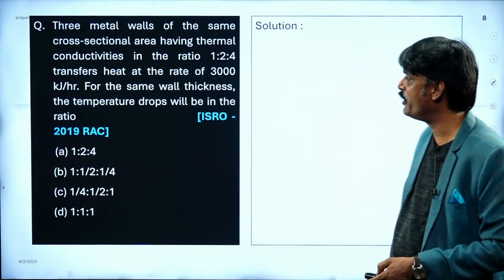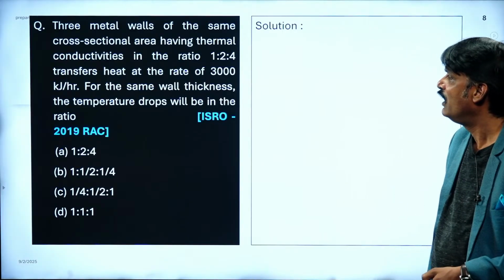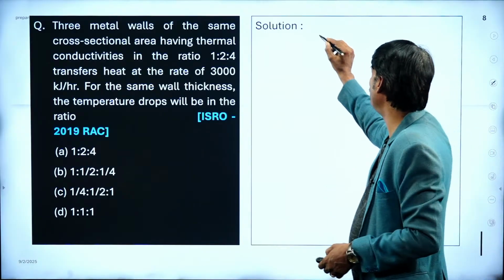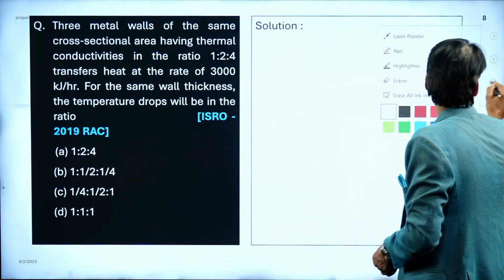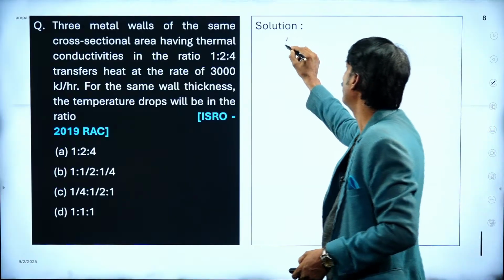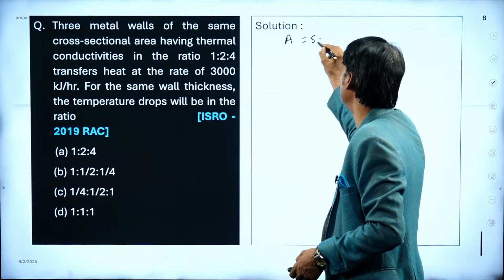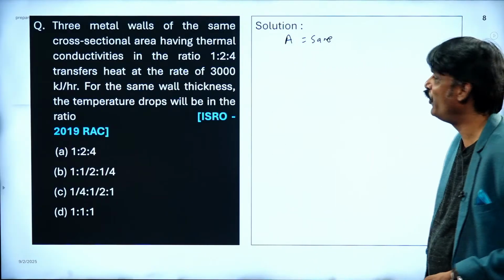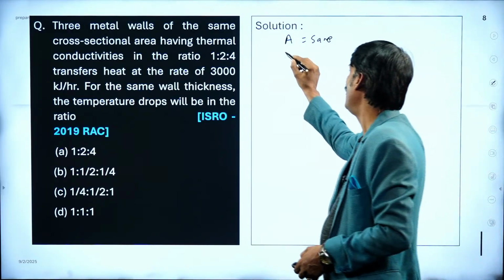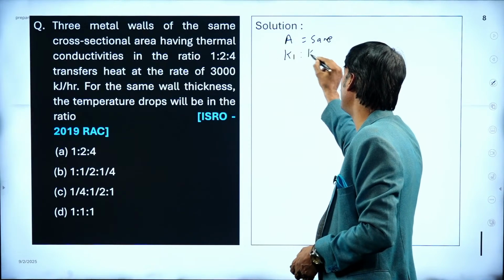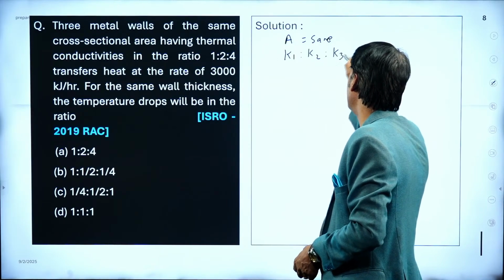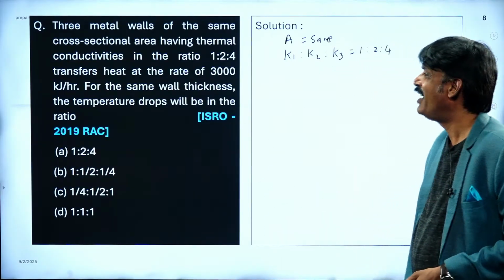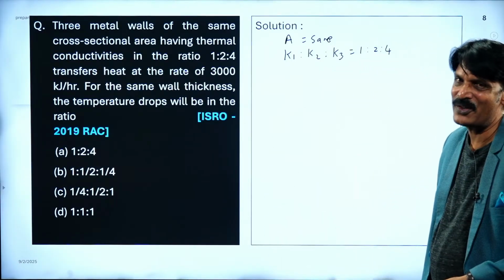You have one more question in 2019: three metal walls of the same area of cross section, having thermal conductivities in the ratio of 1:2:4. So he is saying that K1 is to K2 is to K3 is 1:2:4, and they transfer heat at a rate of 3000 kilojoule per hour.